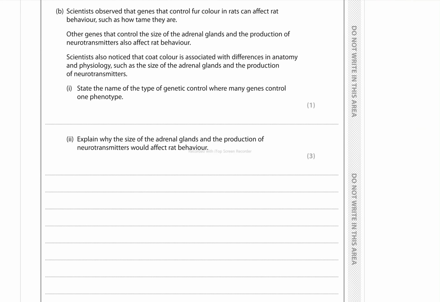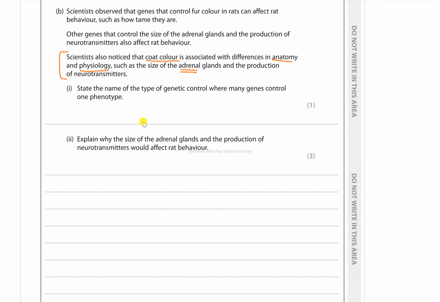Scientists observe that gene control. What they're saying is scientists noticed that the coat color makes them different in how they behave and how they react, how they physically look, such as adrenal glands.